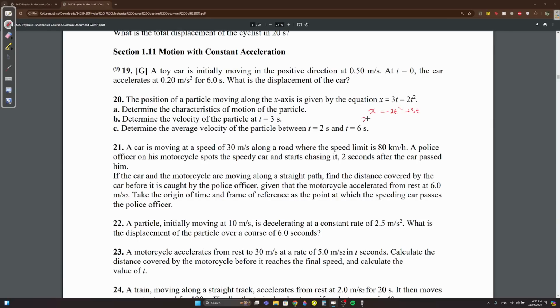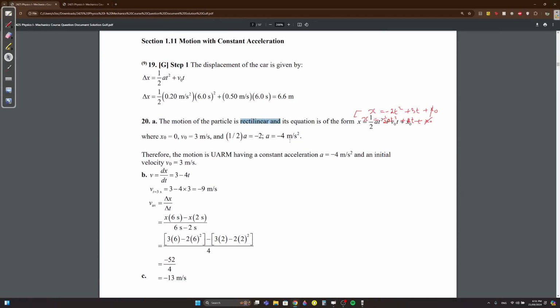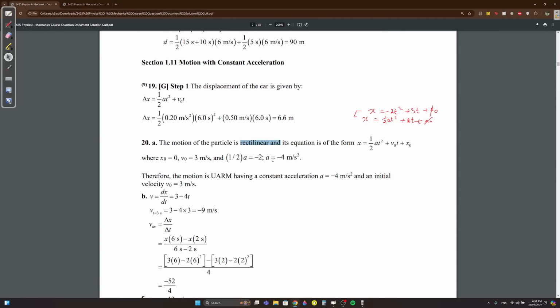We can compare this to our formula, half acceleration times time squared plus ut, plus x naught, but it's 0 in this case. By comparison, we found it's UARM, which stands for uniformly accelerated rectilinear motion, and its equation is of the form x equals half at squared plus ut plus x naught.